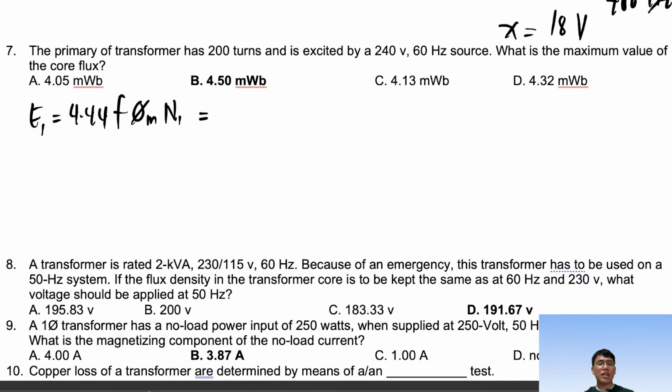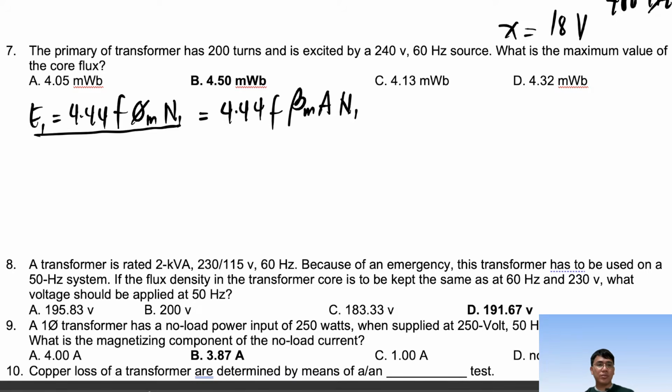And if theta sub m is expressed as the flux density, that is multiplied by area. So this is also equivalent to beta max times the area and N1. But here, since beta max and A are not given, we shall be using the first formula.